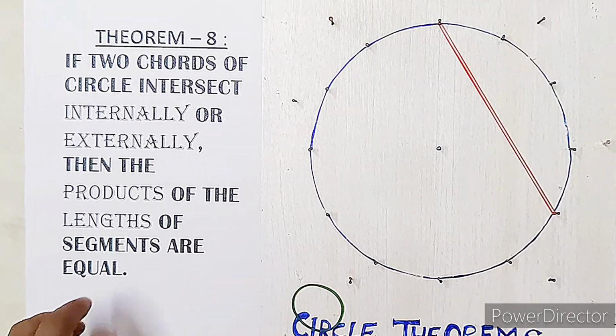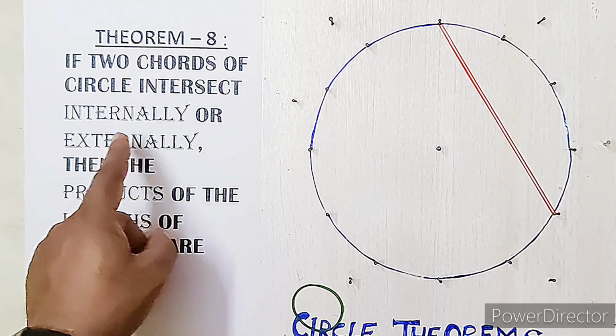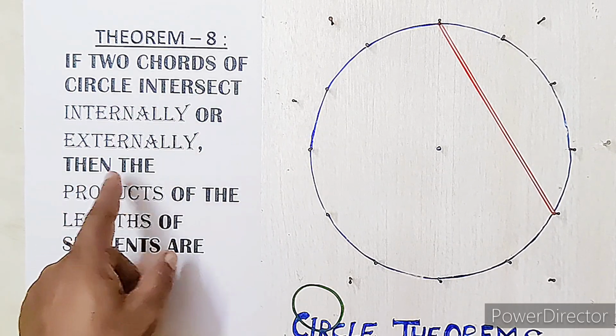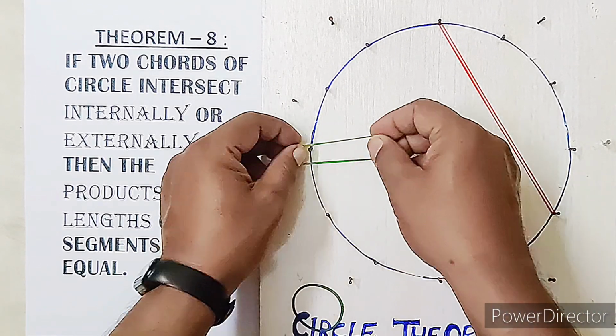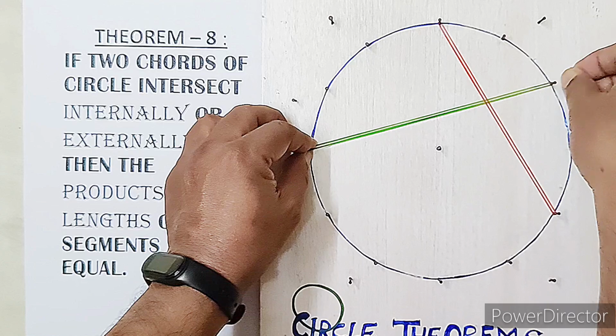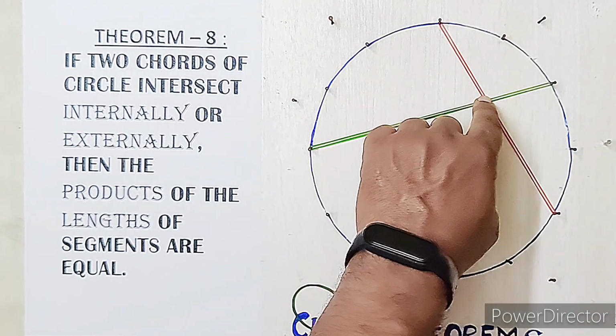We move to the next theorem. It says if two chords of a circle intersect internally or externally, then the products of the lengths of the segments are equal. So I have drawn one chord. Let me put another chord. So the two chords are cutting each other at this point.